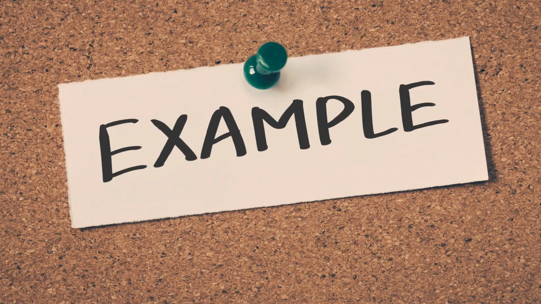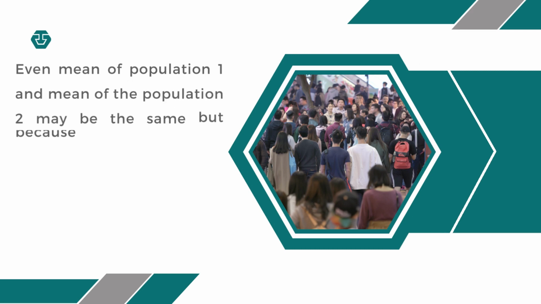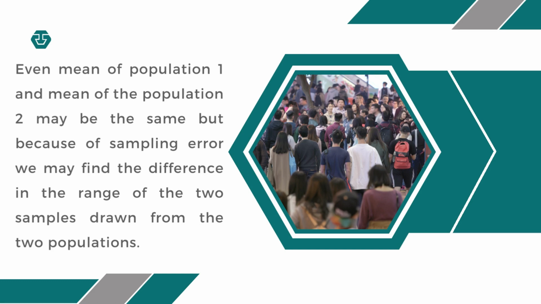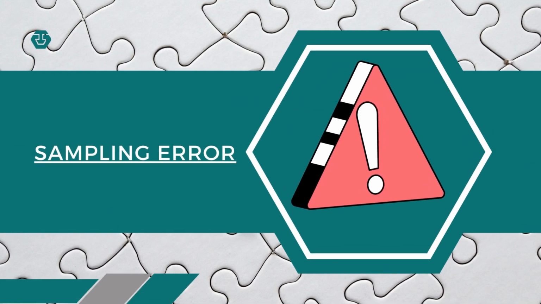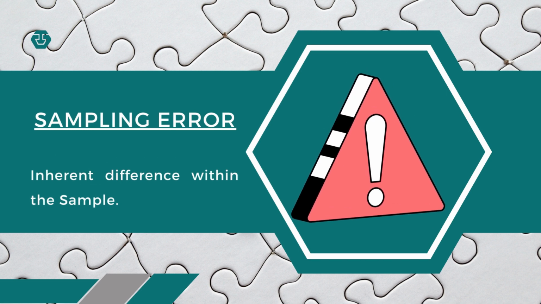It may result in different mean scores and standard deviation scores, even if the samples have been drawn from the same population. For example, the mean of population 1 and the mean of population 2 may be the same, but because of sampling error, the inherent differences within the sample, the sample means may differ.